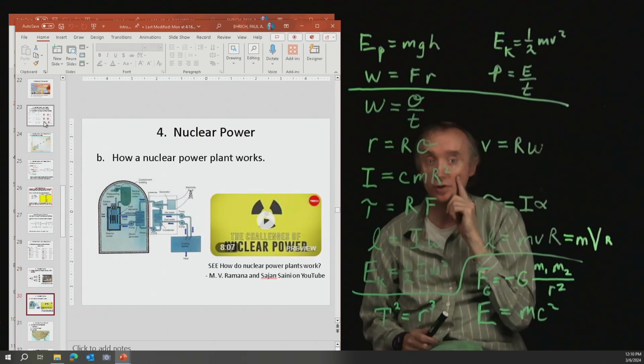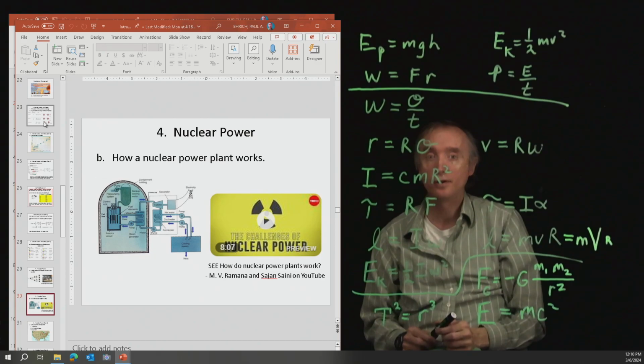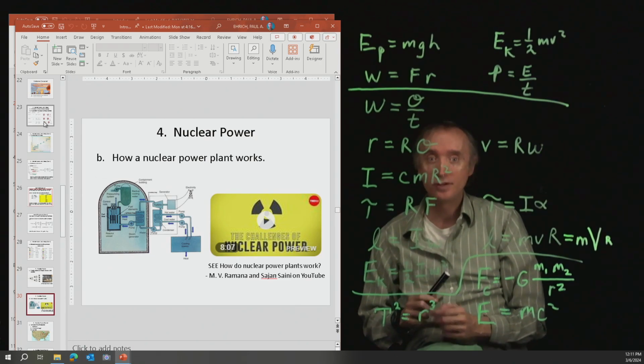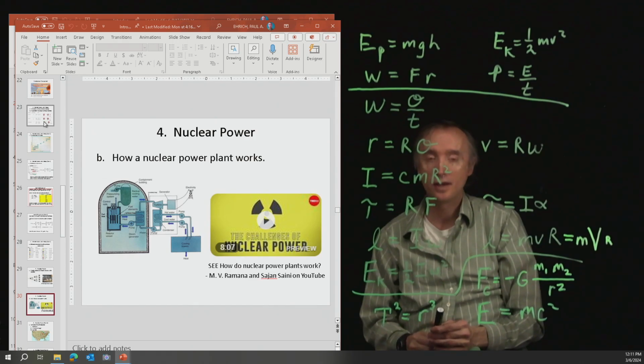So I would want you to know, how does a nuclear power plant work? This time I'm not going to go over the parts of it because we did that in an earlier lesson, and I will let you do your research. I'm just going to tell you the words and you figure out what they do.